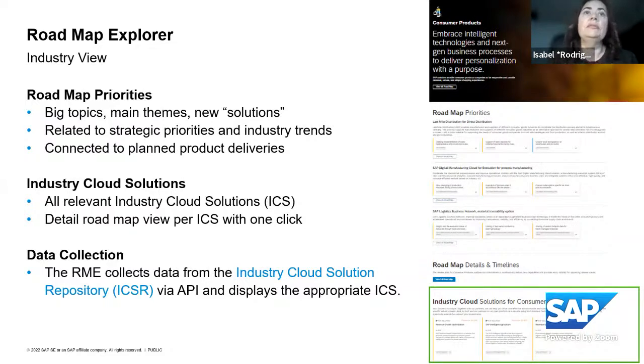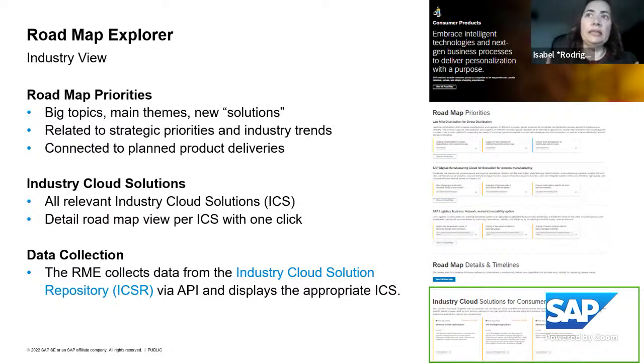That is very important to understand. Again, in terms of the priorities, we focus on big topics, main themes, something that is really strategic for the particular industry. And then we make the connection to the planned product deliveries also via the industry cloud solutions.